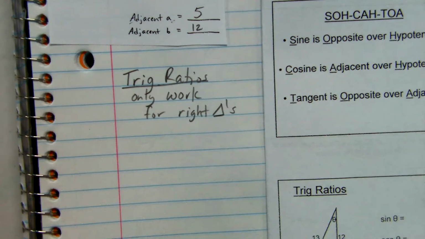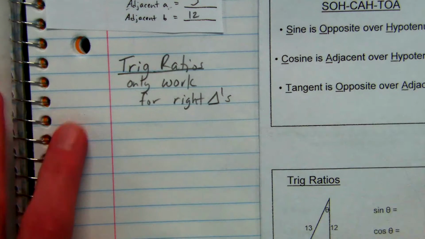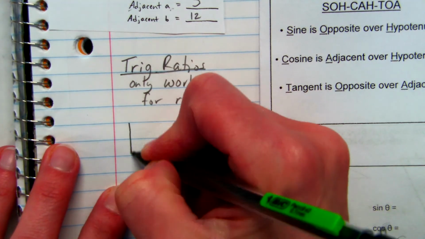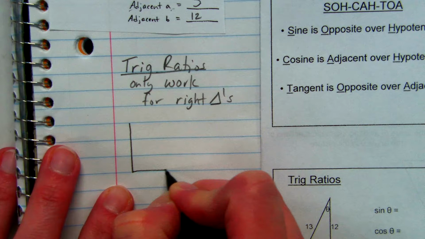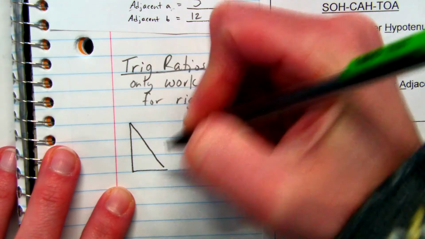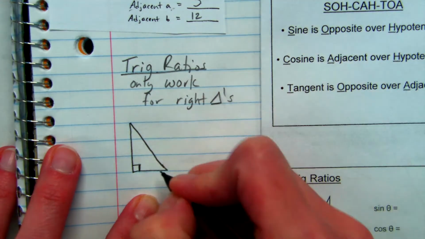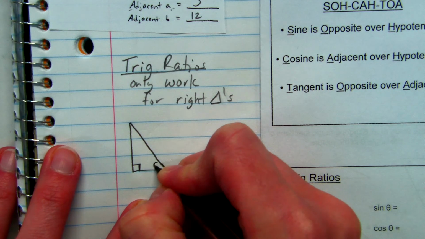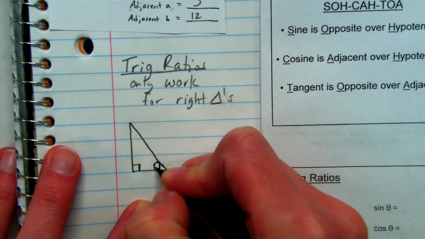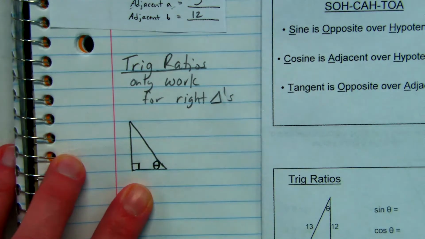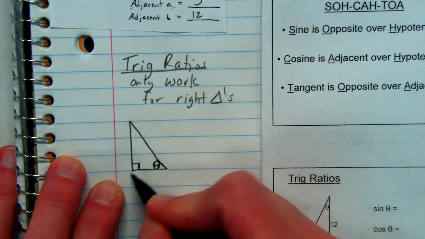And then sometimes when they draw a right triangle, they're going to use a symbol that we haven't really looked at much. So I'm going to draw a right triangle really quick, just like this. So here's my right angle. And they might use this thing that looks like a 0 with a line across from it to represent an angle if there's only one angle marked other than the right angle.